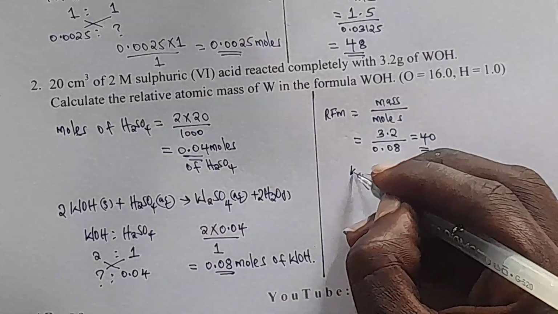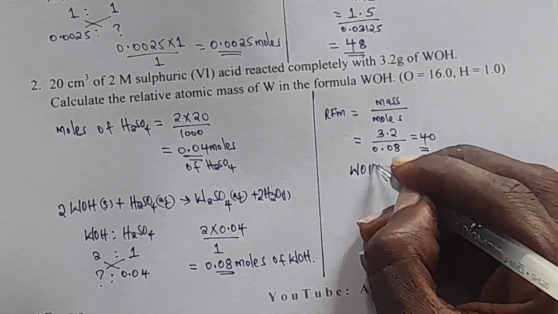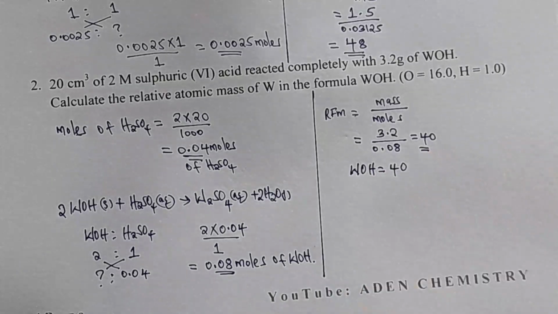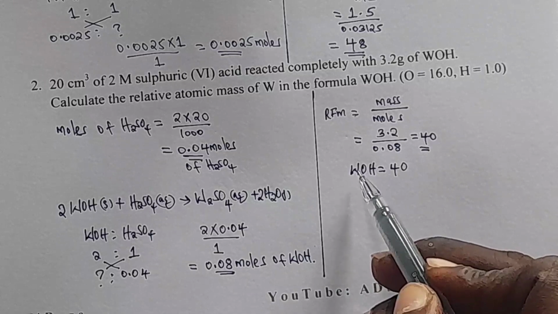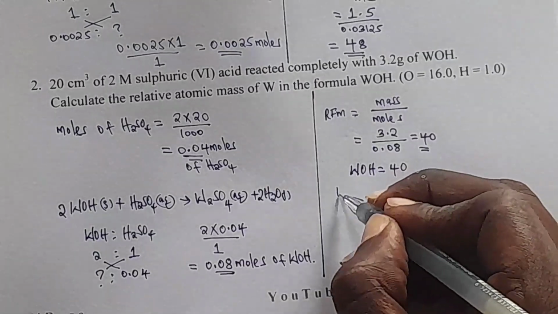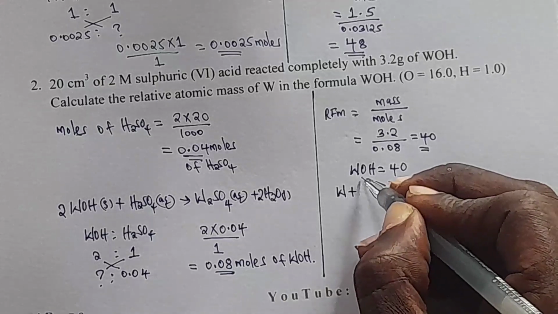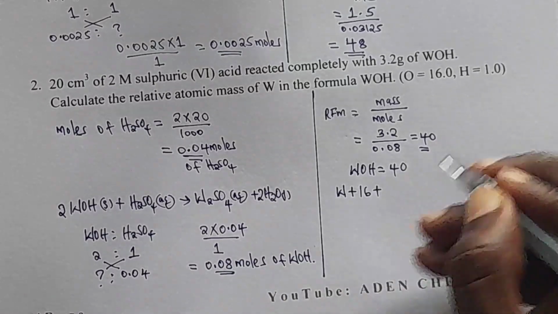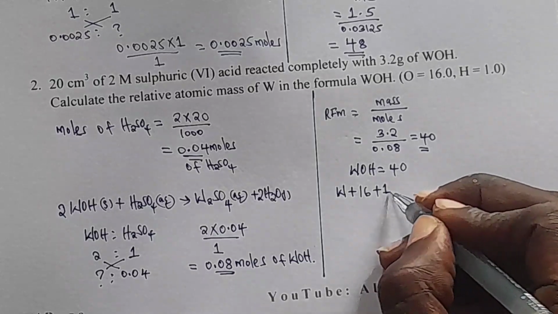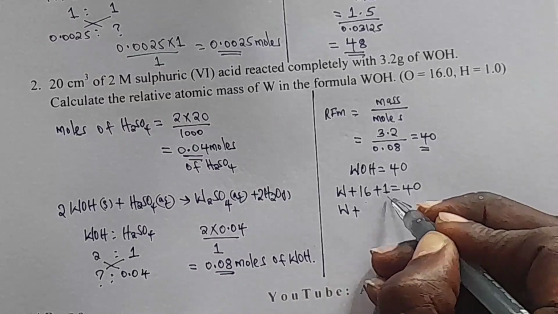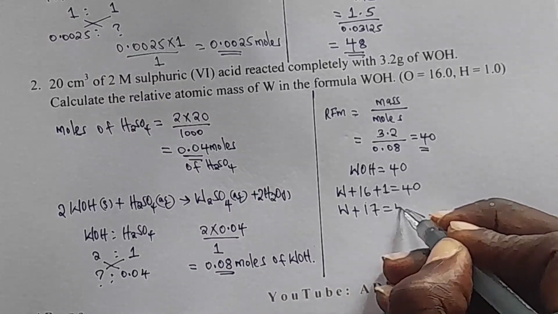So we can get the RAM of W in W hydroxide by saying the formula mass of W hydroxide will be equal to 40. We don't know W, so we say W plus the RAM of oxygen, which is 16, given in the bracket, plus the RAM of hydrogen, which is 1, will be equal to 40. So W plus 16 plus 1, that's 17, will be equal to 40.